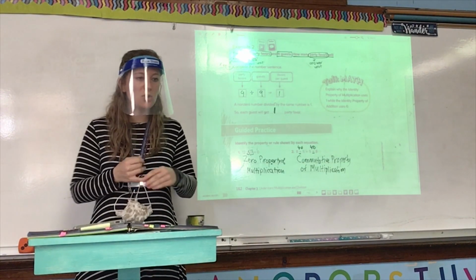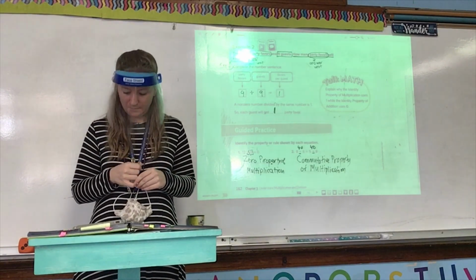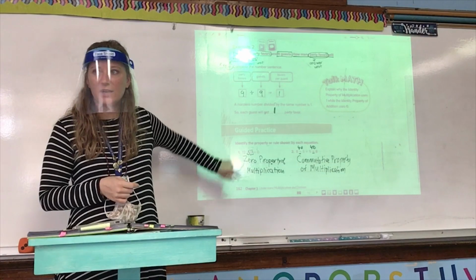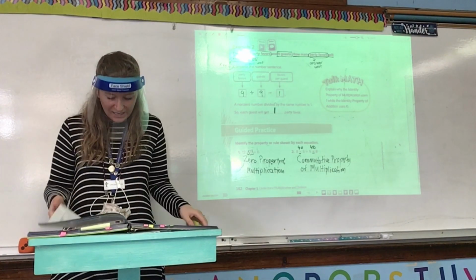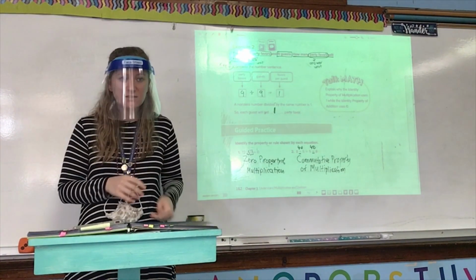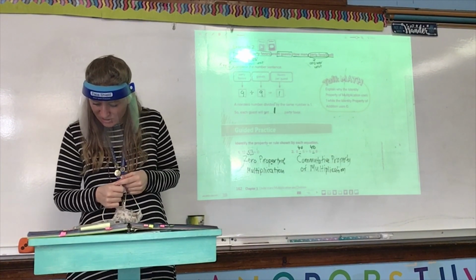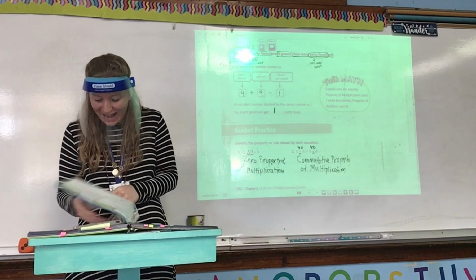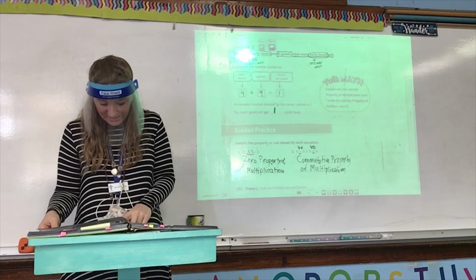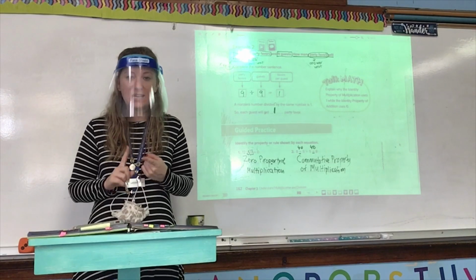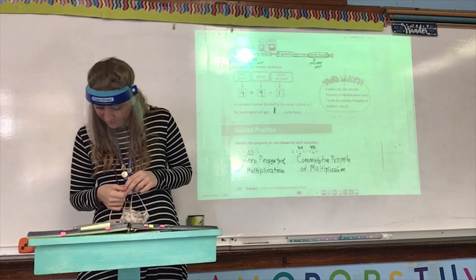So now look at the homework. Numbers 1 and 2 are just like numbers 1 and 2 on the guided practice, and numbers 3 through 8 on the independent practice. Now look at the next page. Numbers 3 through 5 are just like numbers 9 through 12 on the independent practice, where you have to find the unknown and write the property.